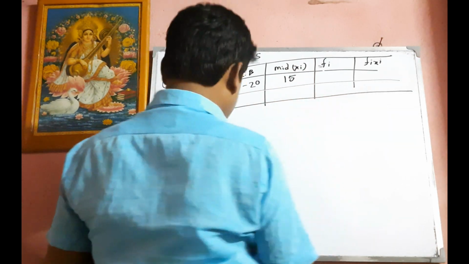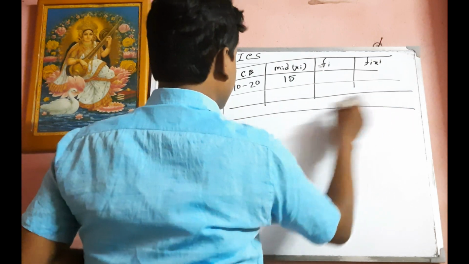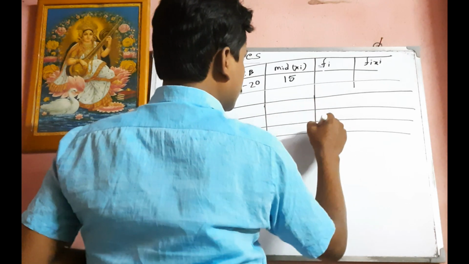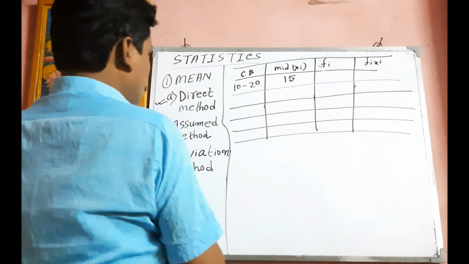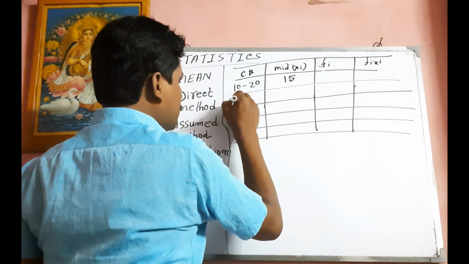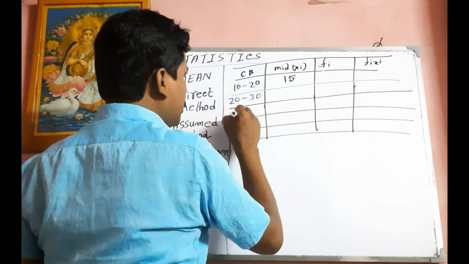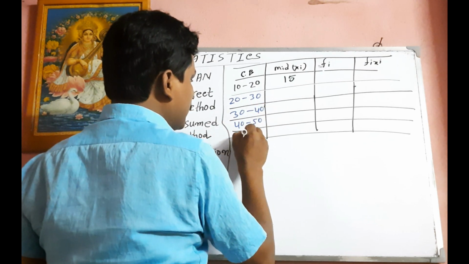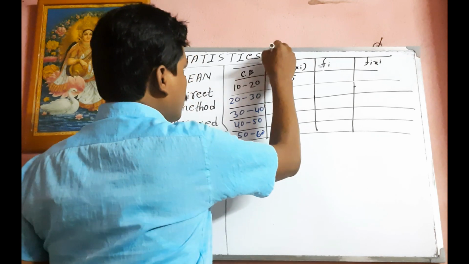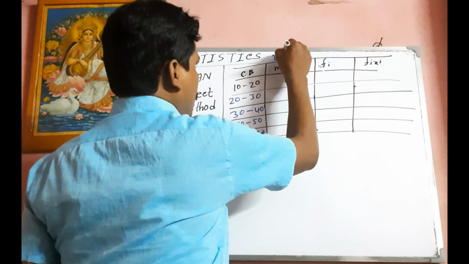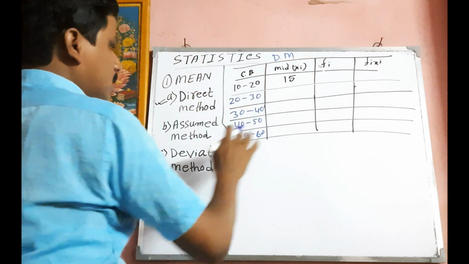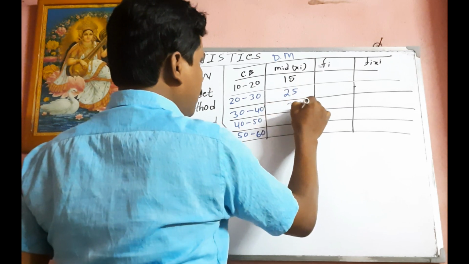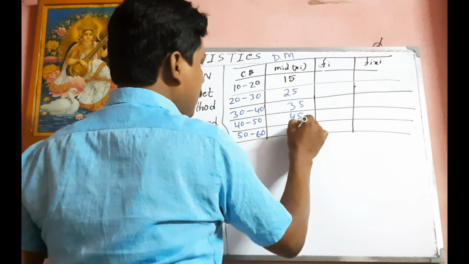Similarly, we take the class boundaries 20 to 30, 30 to 40, 40 to 50, 50 to 60, and the mids are 25, 35, 45 and 55.